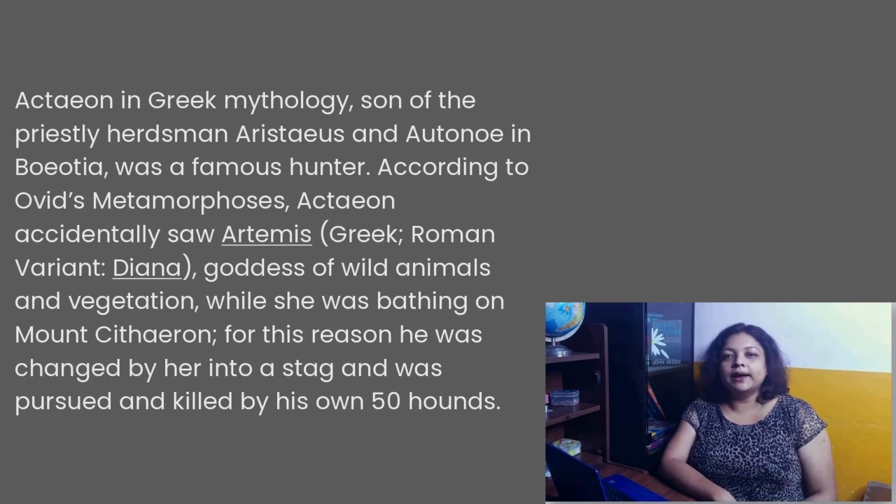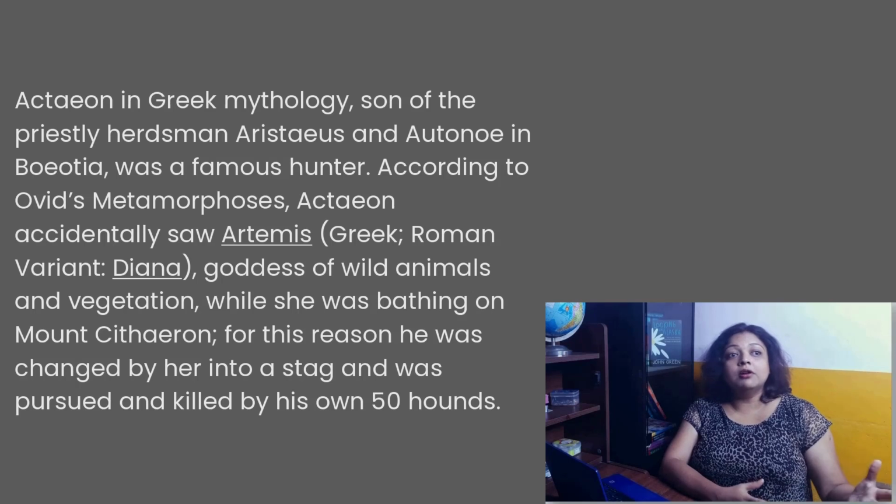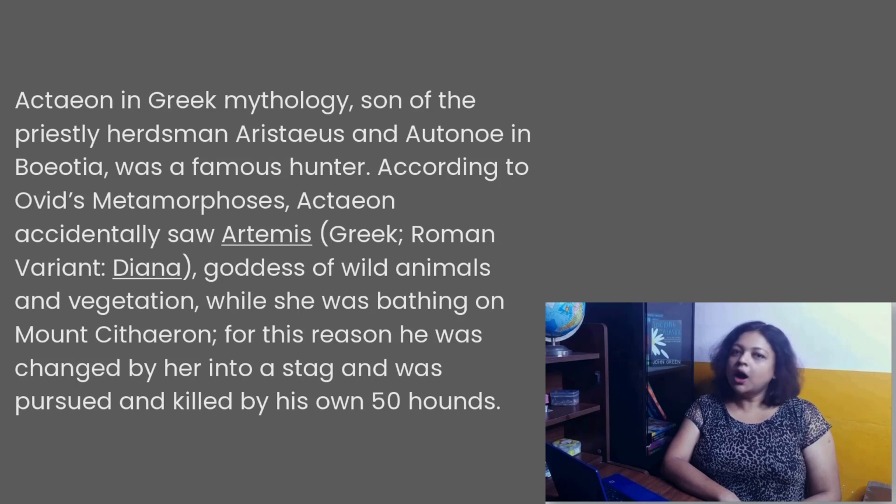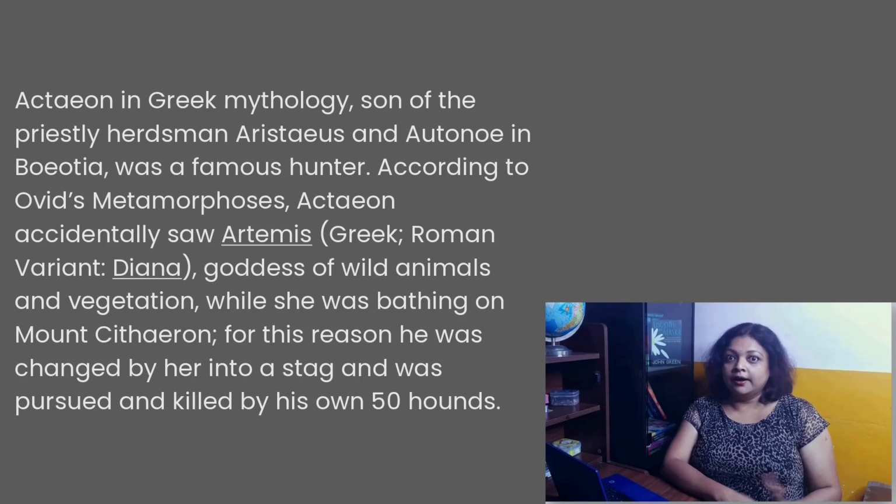And he went to a place where Diana, the goddess of chastity, was having a nice bath at some waterfall. Actaeon was not a malicious person. He did not want to harm anybody. But when you see Diana taking a bath, you do take a peep. There's nothing wrong in that, probably.